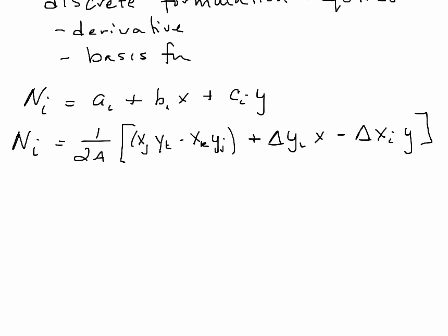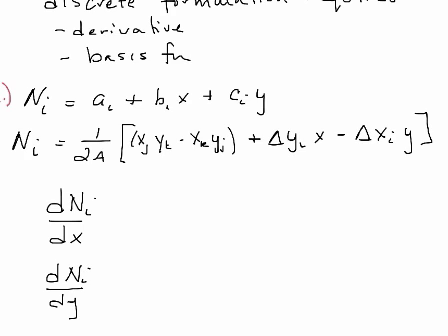We can use equation 1 to say, when we're looking for dni dx and dni dy, that the derivative of ni with respect to x is equal to bi, and the derivative of ni with respect to y is equal to ci.